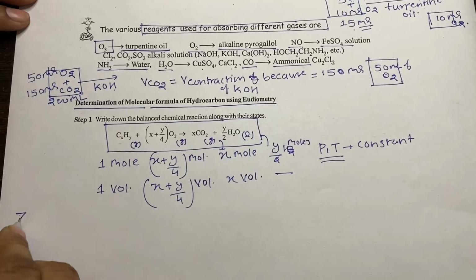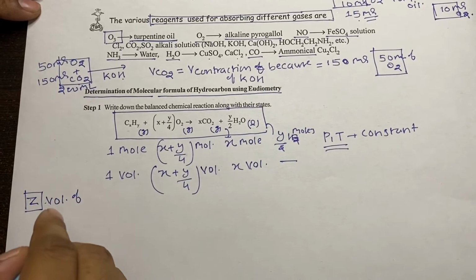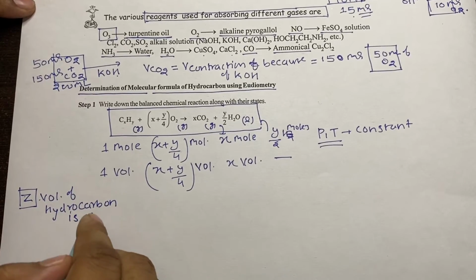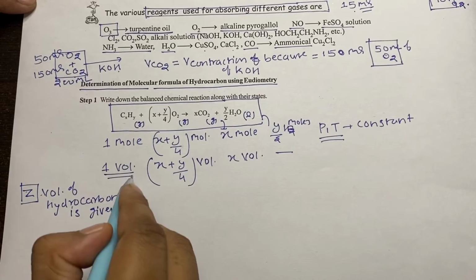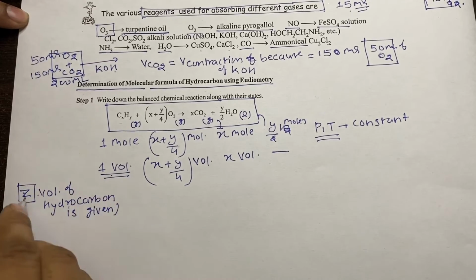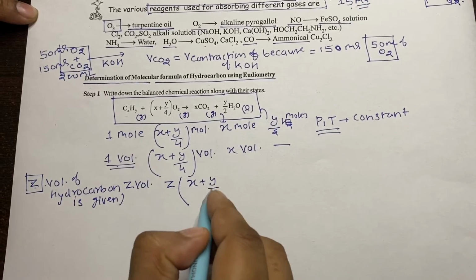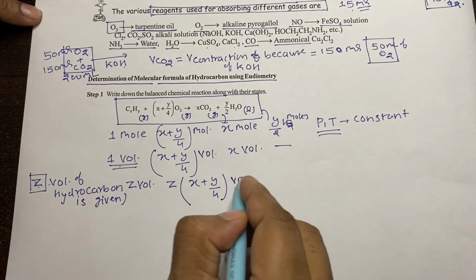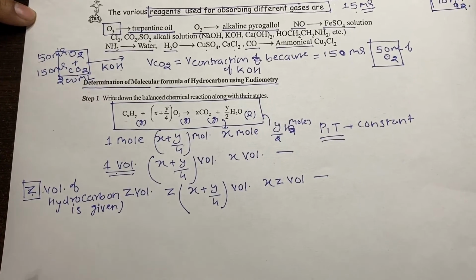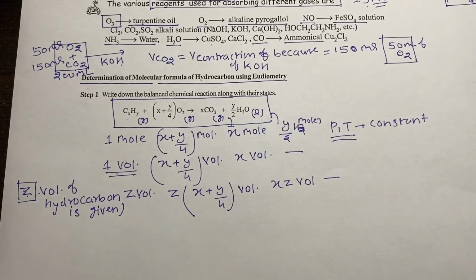If Z volume of hydrocarbon is given, we have already written the equation for 1 volume of hydrocarbon, so for Z volume this will be multiplied by Z. So it will be Z volume, this will be Z into (x plus y/4) volume, and this will be xZ volume. So we can write this equation for the Z volume of hydrocarbon, and we can find the formula of the hydrocarbon.